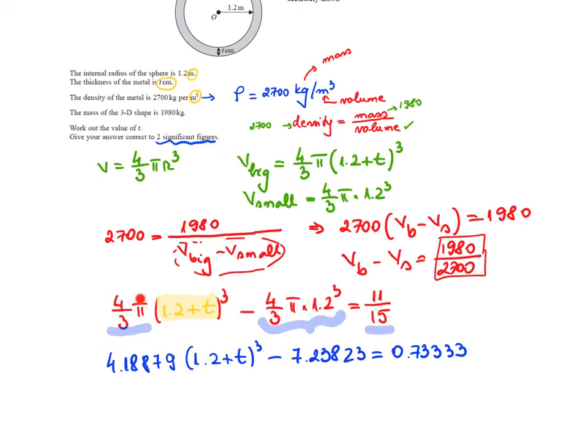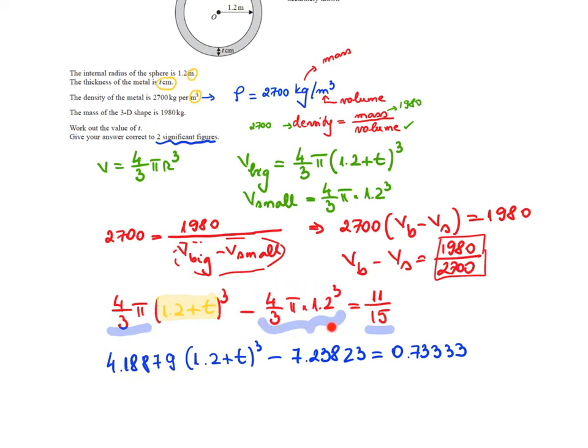Okay, that's what I've done. 4 over 3 pi is that decimal here. Well, I'm asked for two significant figures, so I need to get an accurate answer and take quite a few decimals. So I decided to take 5 decimal places. Even if you work with 3, you should get your answer correct to significant figures, but I chose more to be more accurate.